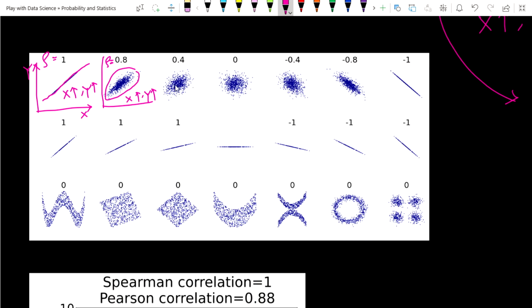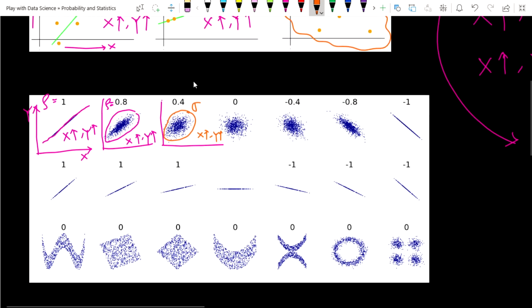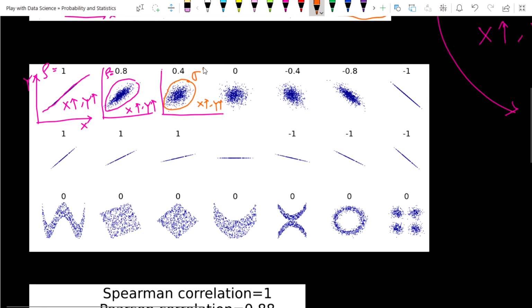If you just see this picture, here also, if x increases then y increases, but here the spread of the data is larger. Here the sigma value, the standard deviation value, is larger.